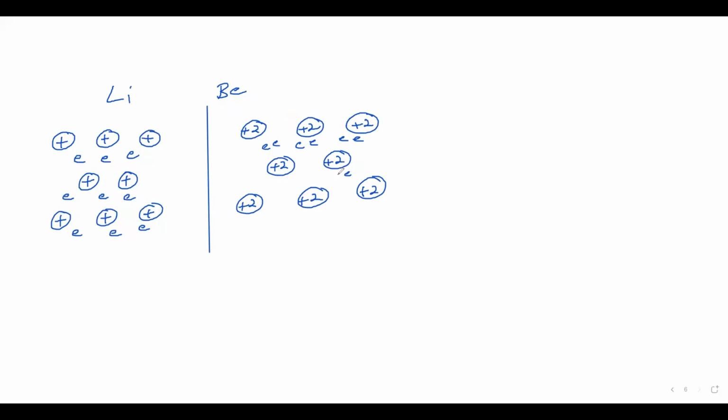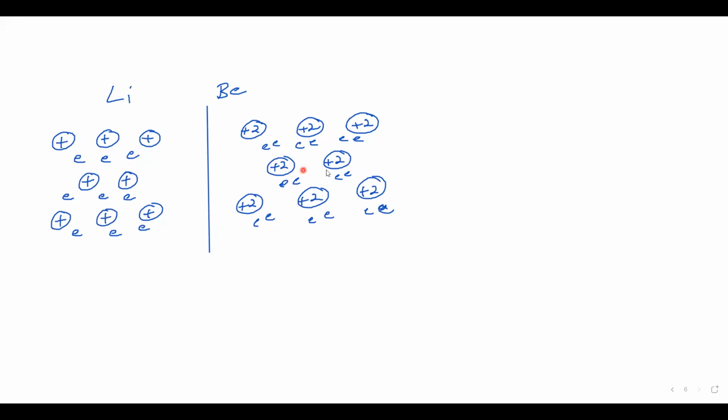And so the number of electrons and the number of positive charges is greater than in the case of lithium. When we have more positive charge and more electrons, the attraction force in the case of beryllium will be greater than the attraction force between the positive lattice and the electrons in lithium. And since the attraction force is greater, this means that it has a higher melting temperature than lithium.